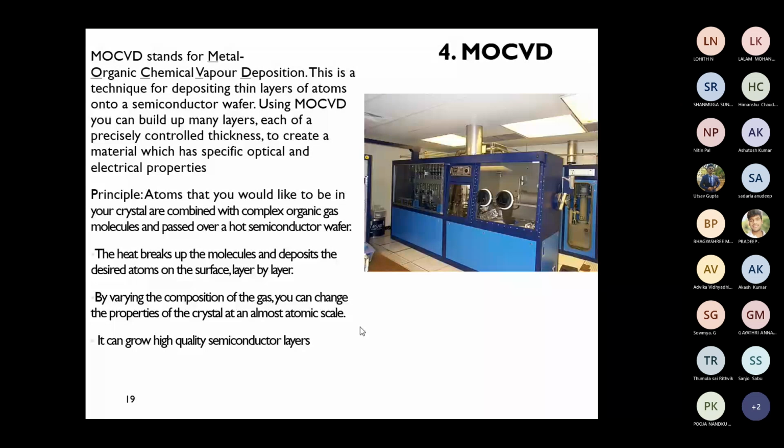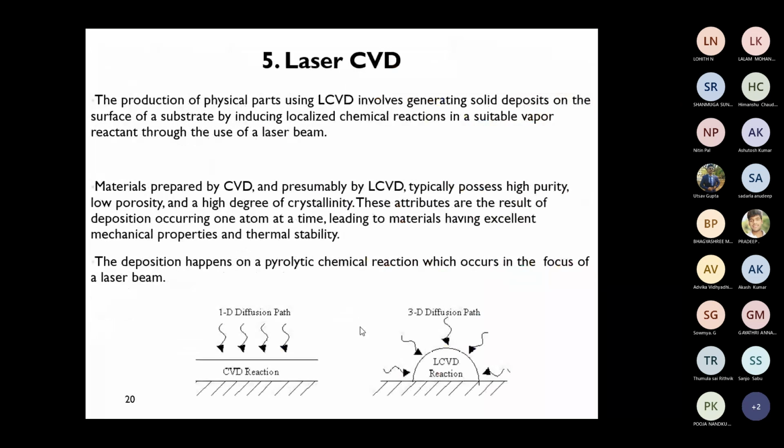And then laser CVD, in a similar way, where a laser is used to initiate the reaction between the gaseous precursor gases, and the reaction is initiated by this laser heating.